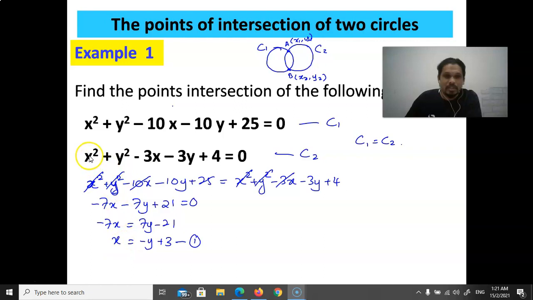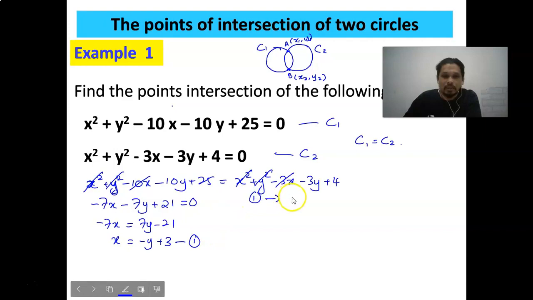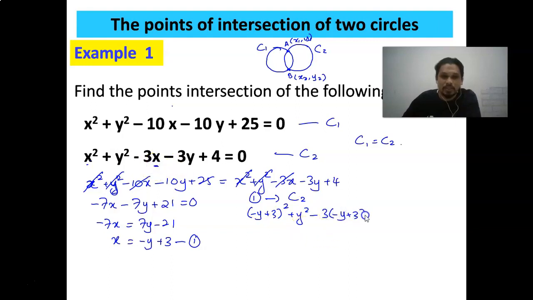If we substitute into the equation of circle number 2, x becomes negative y plus 3, so (negative y plus 3) squared plus y squared minus 3 times (negative y plus 3) minus 3y plus 4 equals 0.